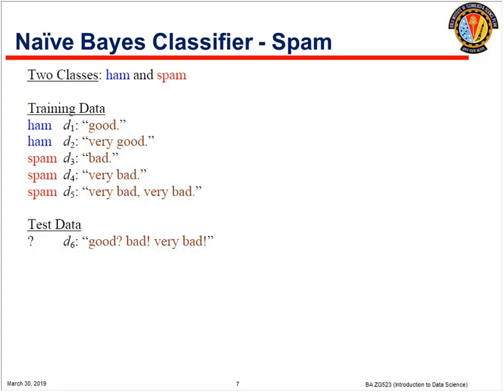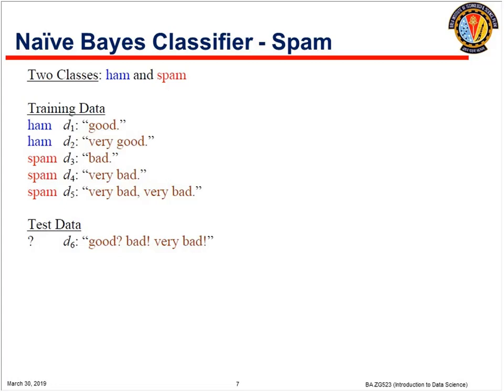In this example, we have only 5 documents in this corpus, labeled either ham or spam. There are 2 ham documents and 3 spam documents. So the probability of ham is 2 by 5, and the probability of spam is 3 by 5.